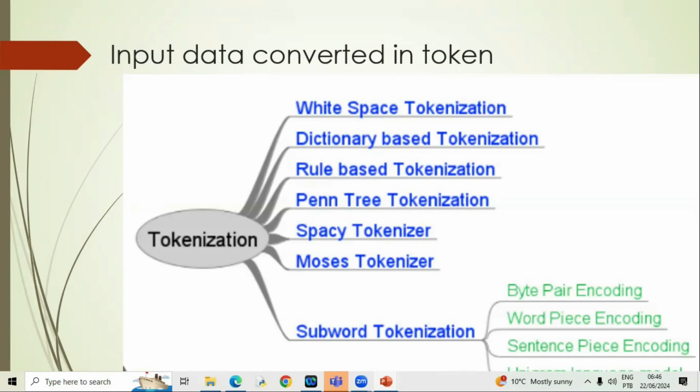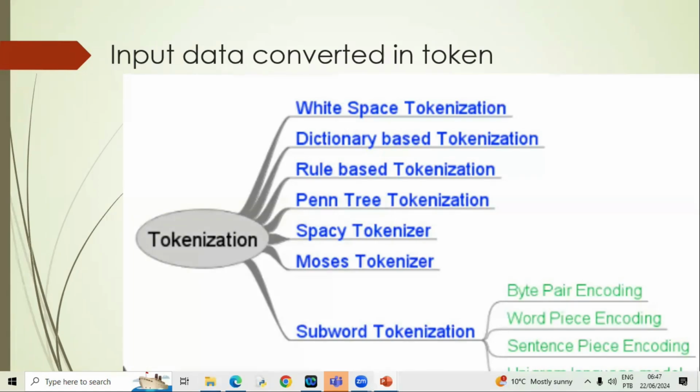Dictionary-based tokenization. Now, if there is a meaningful word, we divide it into small chunks. Then we do the rule-based tokenization, like world. There is the exclamation symbol, and we know one is a word, the other one is a punctuation. Then the Penn Treebank tokenization process is there.